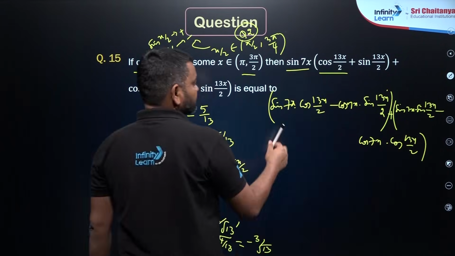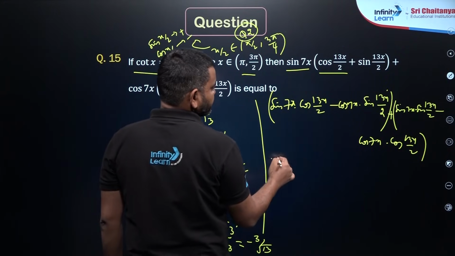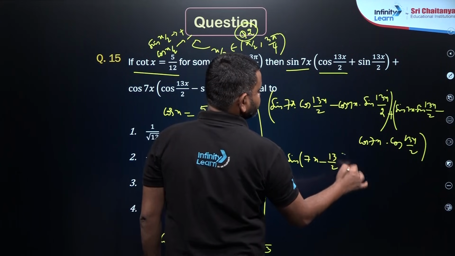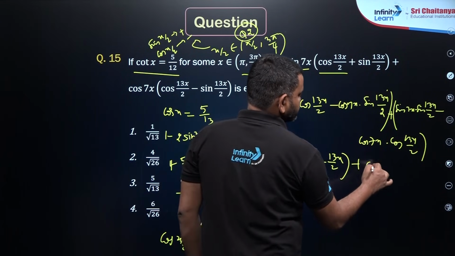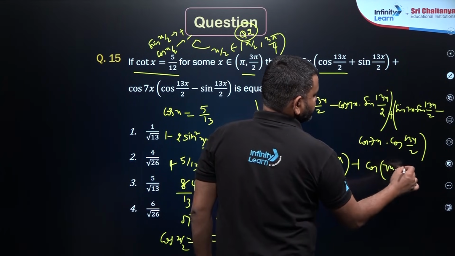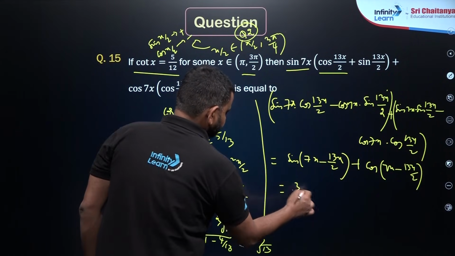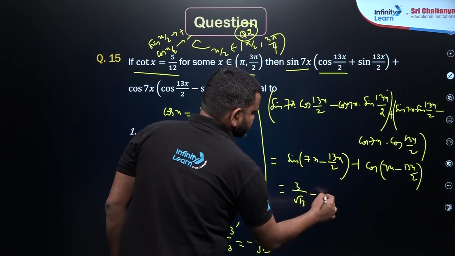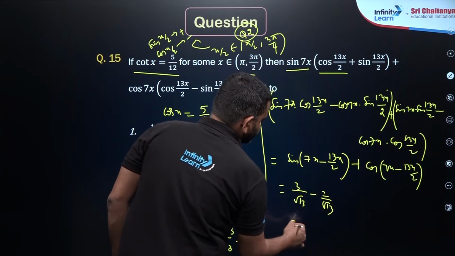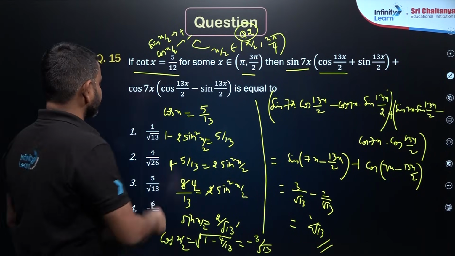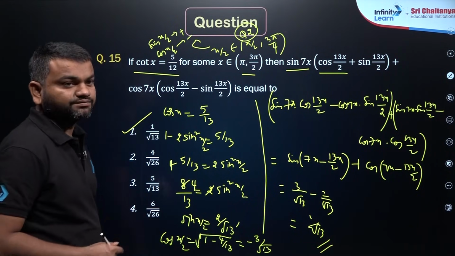So you children just observe this one. This is sin a minus b. So sin of 7x minus 13x by 2, and plus this is cos of 7x minus 13x by 2. So this is sin x by 2, which is 3 by under root 13. This is cos x by 2, which is 2 by under root 13. Your answer needs to be equal to 1 by under root 13. Do we have it? Yes, that is option 1.